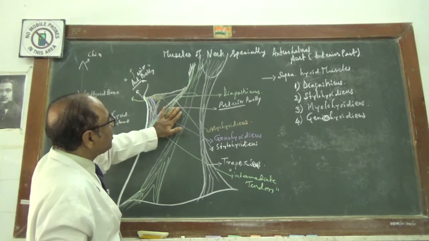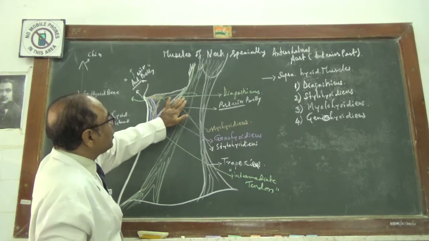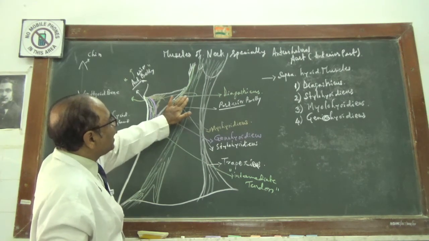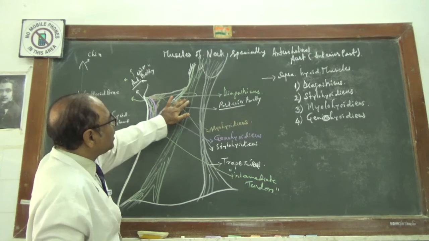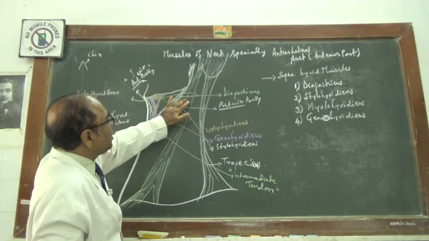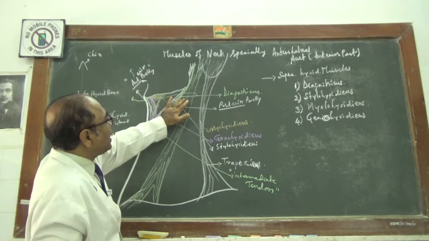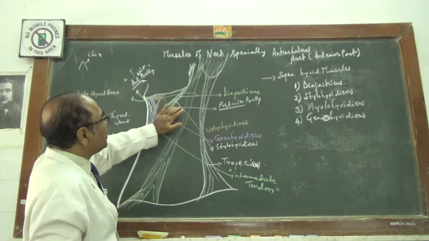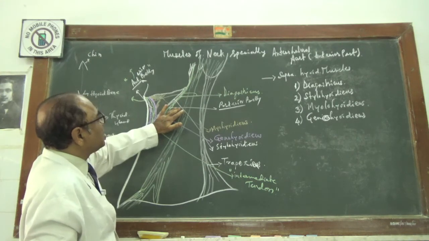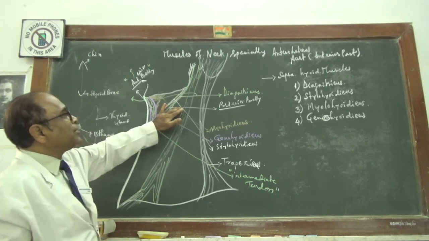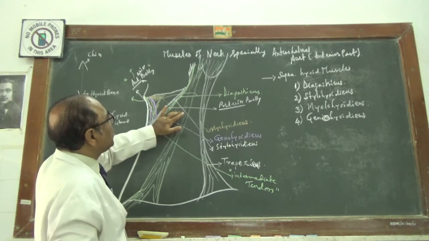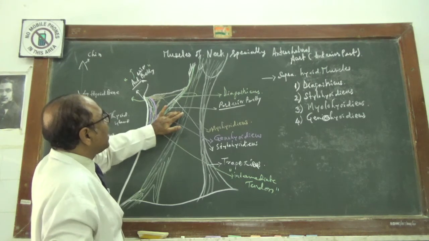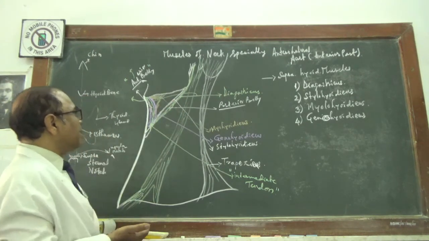So the contents of the carotid sheath, when you come across them, you will have a carotid sheath and its relation to the posterior belly. The 12th cranial nerve, the 11th cranial nerve and the facial nerve, and the contents of the carotid sheath: the bifurcation of the common carotid artery into the external and internal, the carotid bodies, the superior loop of the ansa cervicalis and the inferior loop of the ansa cervicalis, and the pretracheal and prevertebral fascias.